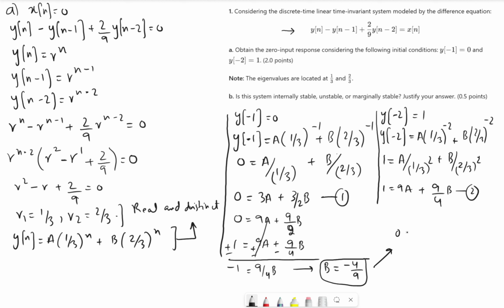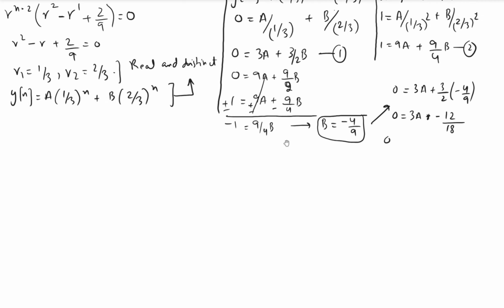So 0 is equal to 3a plus 3 by 2 times minus 4 by 9, which means 0 is equal to 3a minus 12 by 18, or 3a minus 2 by 3.